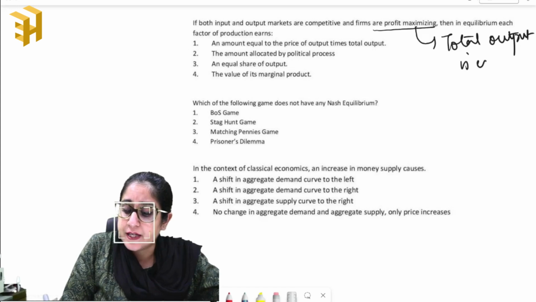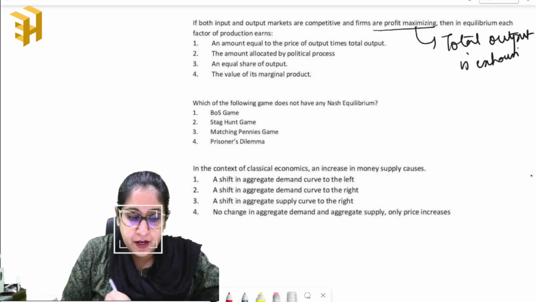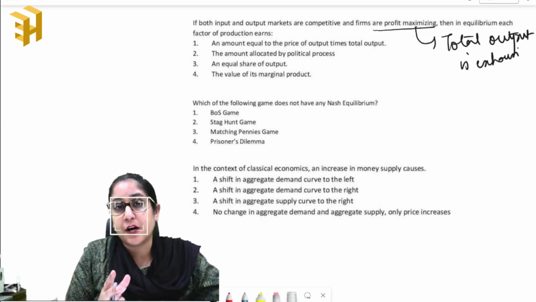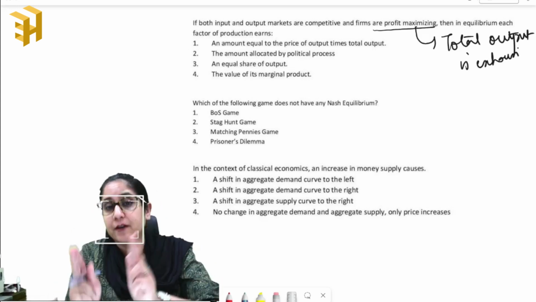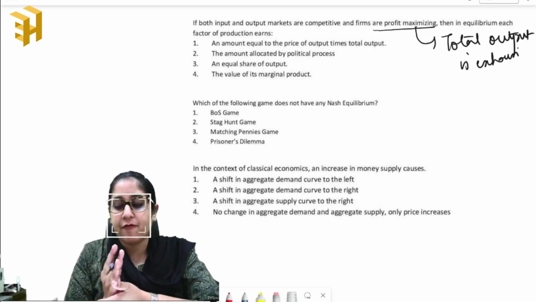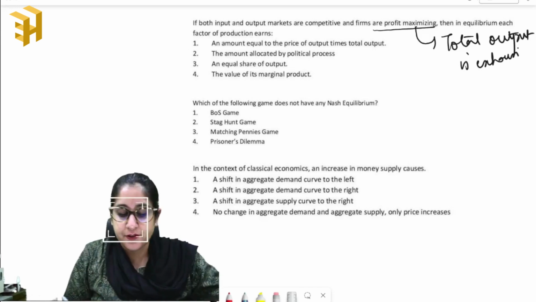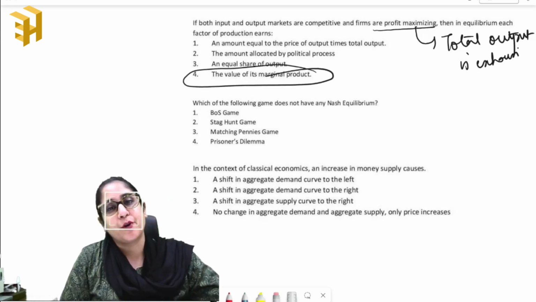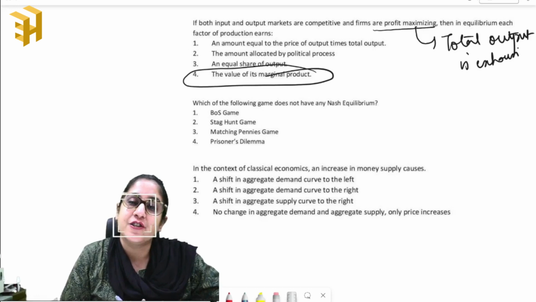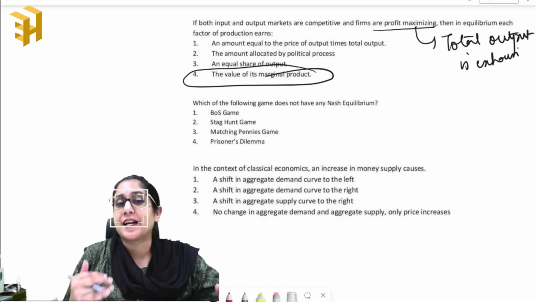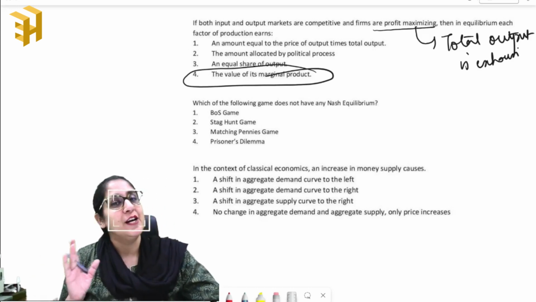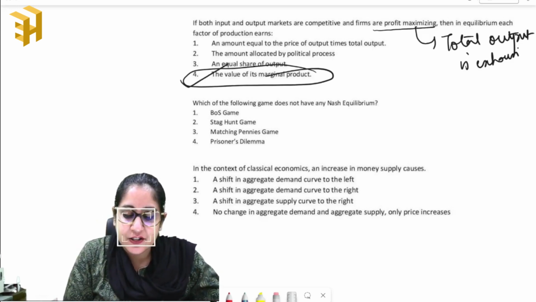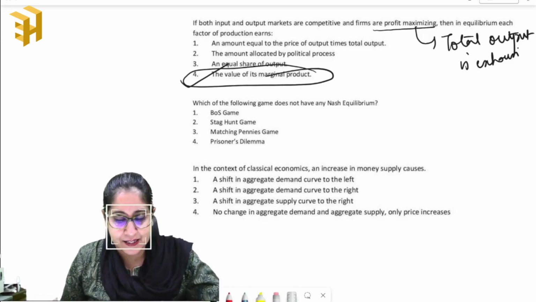Each factor of production, please remember Euler's theorem, will be paid according to its marginal product, the value of marginal product, what it is actually contributing to the total output. So fourth is the right answer in this case.